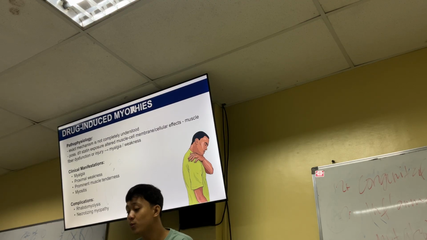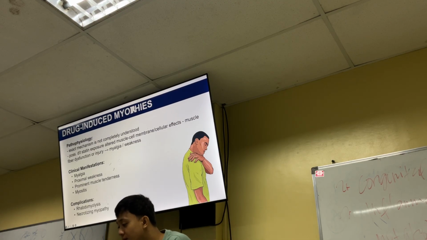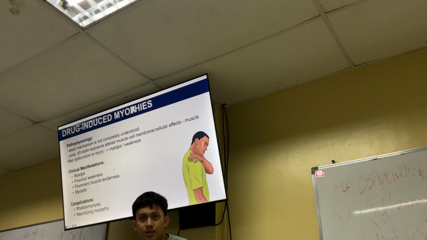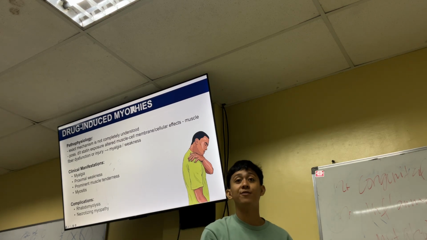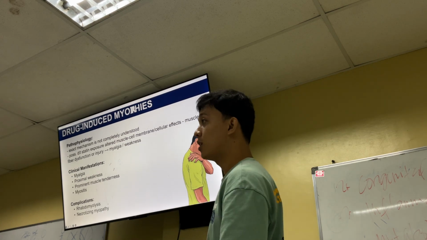Your complications are rhabdomyolysis and necrotizing myopathy. What do we mean by rhabdomyolysis? It is a very severe muscle problem that might lead to kidney problems, since there is already elevated creatine kinase or CK.